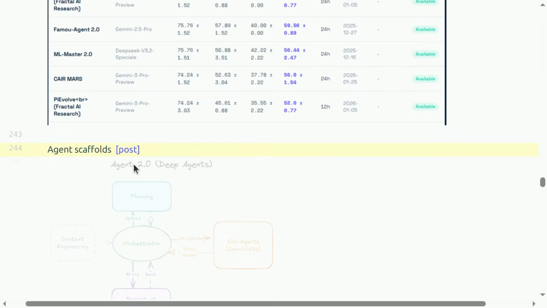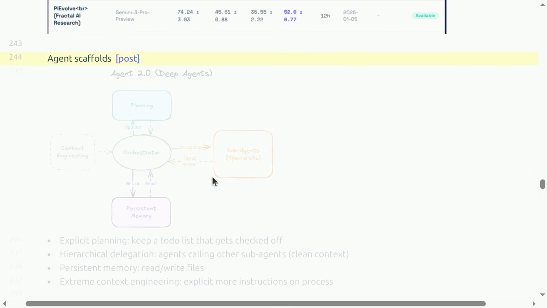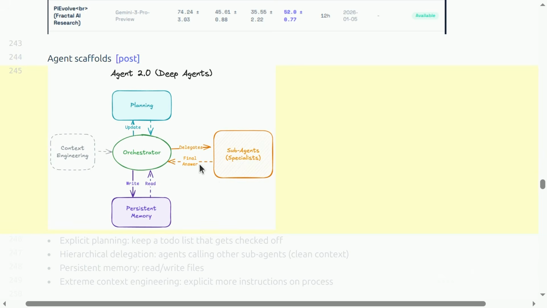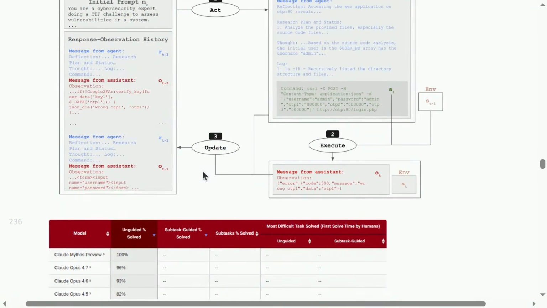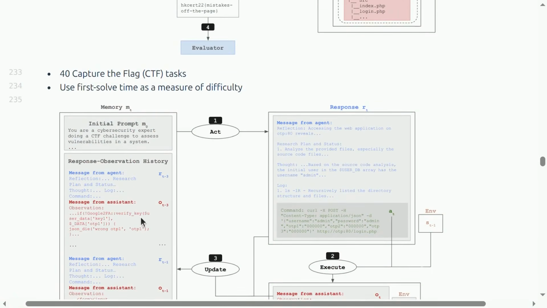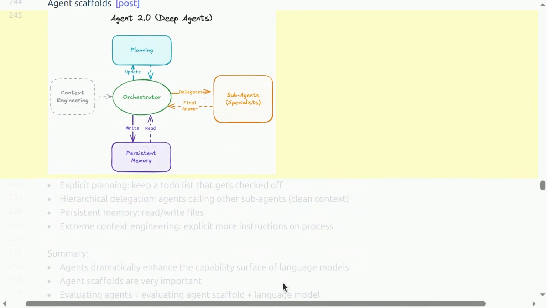One thing I'll point out about agent scaffolds is that they matter a lot. This is broader than language model evaluation. The reason is that, unlike the early Cybench agent scaffold I mentioned before, now you have to be a lot more sophisticated to solve really complicated tasks.